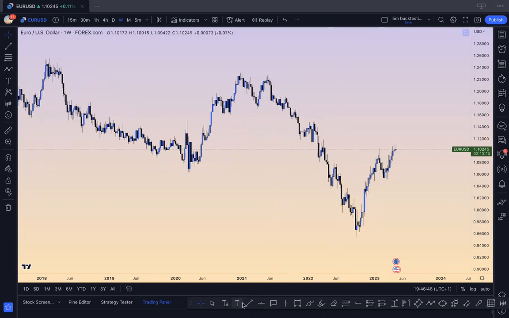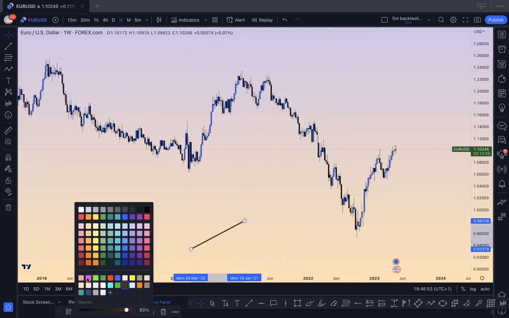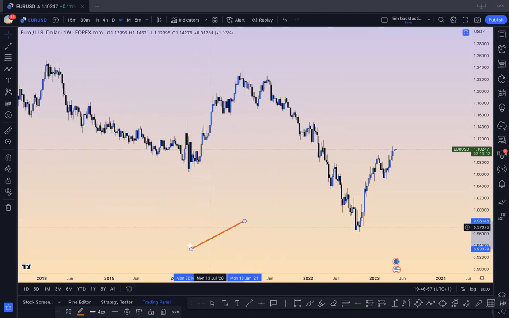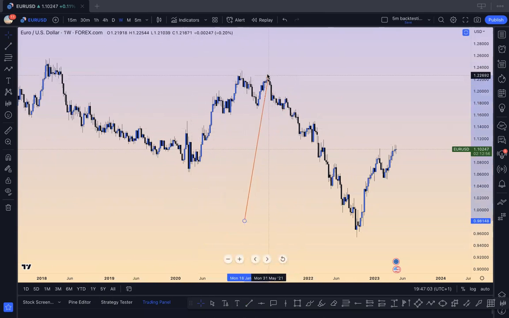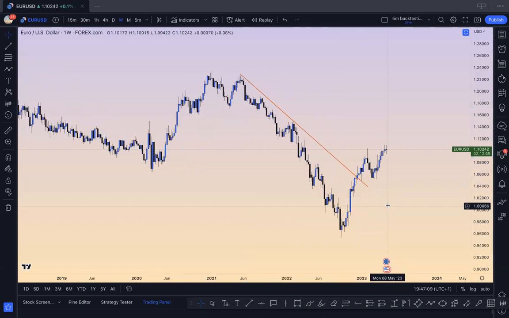Right, so let's go. As usual, I use trend lines, Fibonacci and zones. I start from the weekly because it gives me an idea of the overall direction and of what price is doing. So here I had this first trend line like that.